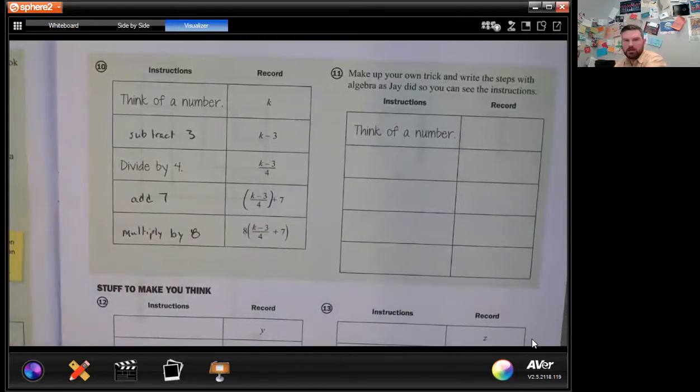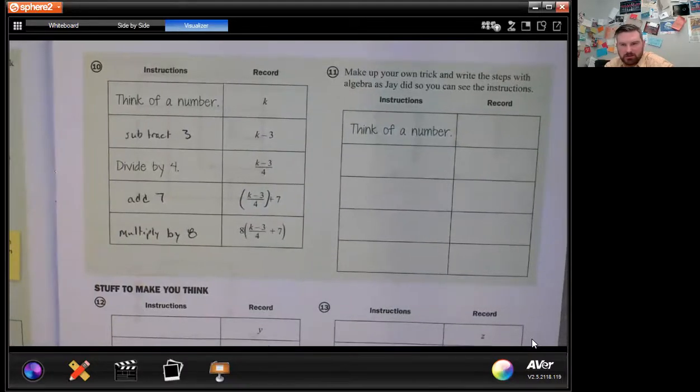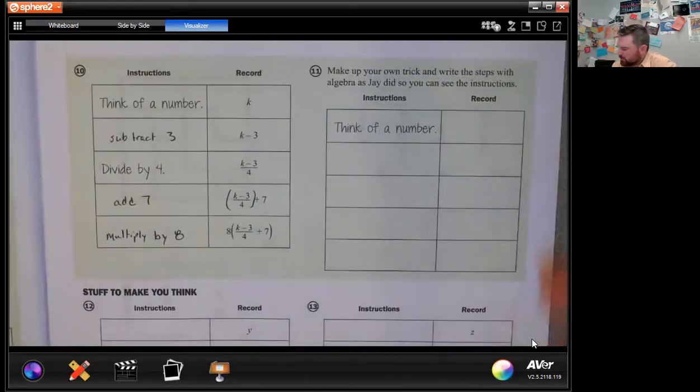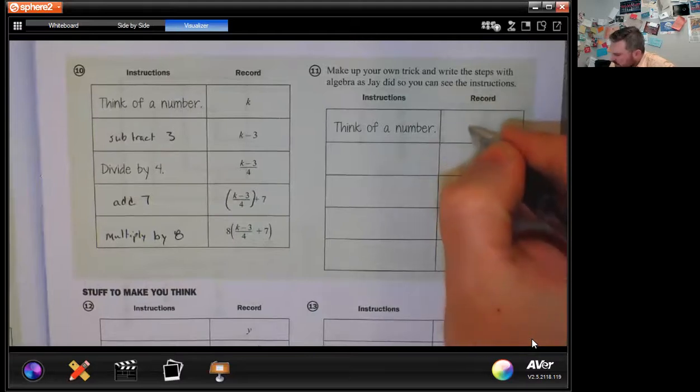All right, and here just make up your own trick and write the steps with algebra as Jay did so you can see the instructions. Okay, so I'm just going to make one up. You can stop the video and make your own up. It doesn't matter. We're going to try here to use all the boxes. So I'm going to say, think of a number b.